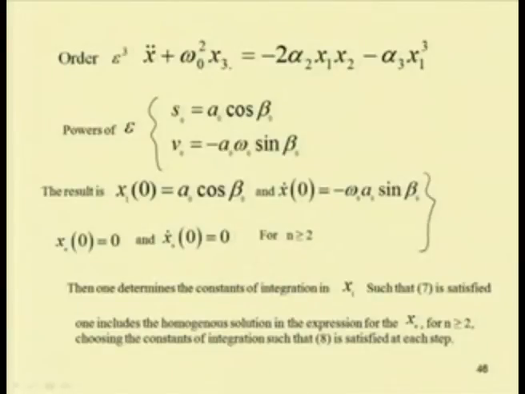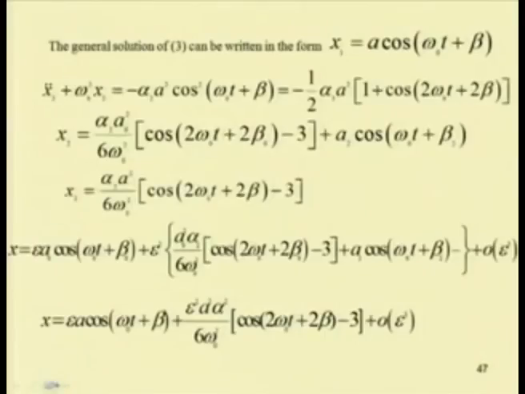For n greater than 2, one can take this and substitute these two equations in this order of epsilon. After taking these equations, one can substitute them in the order of epsilon square and order of epsilon cube to find the solution.